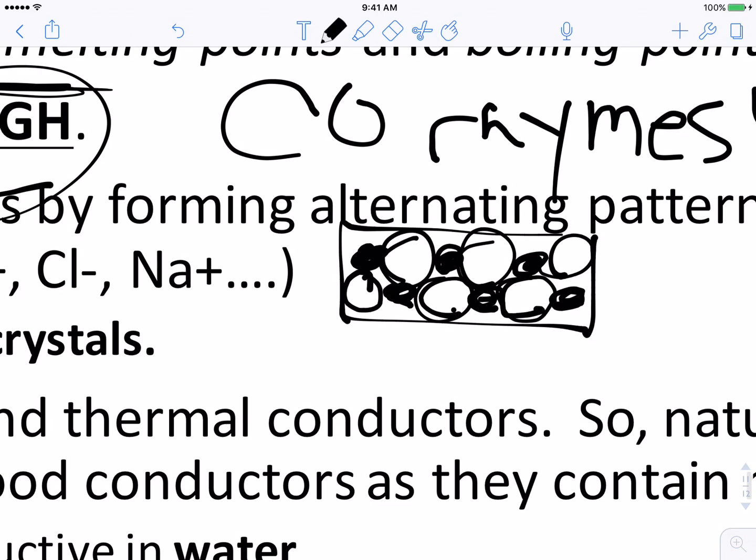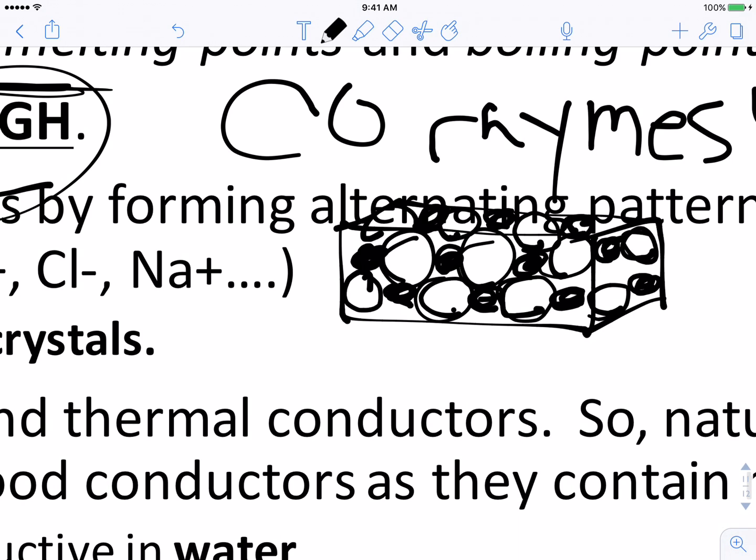Because if I just did that side, then I would do this side. So then it keeps bonding like that. And then it would also make a 3-dimensional cube. And so on.